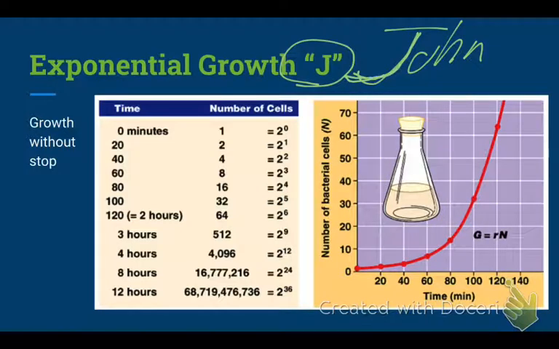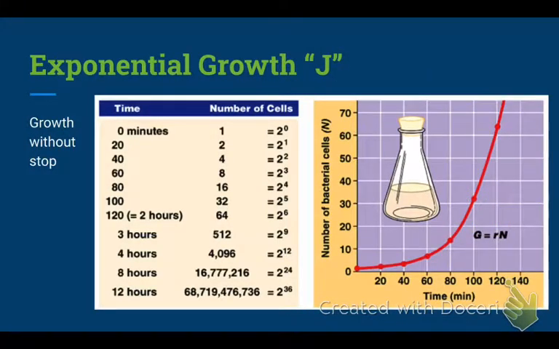It rapidly shoots up, and it would just keep going and going. So they call this your exponential growth, or your J growth, and you can kind of see how that looks like the J. Bacteria often shows J growth because of how rapidly it grows.